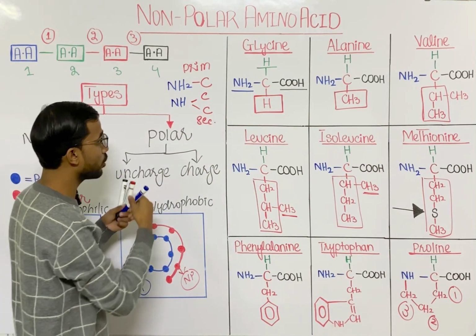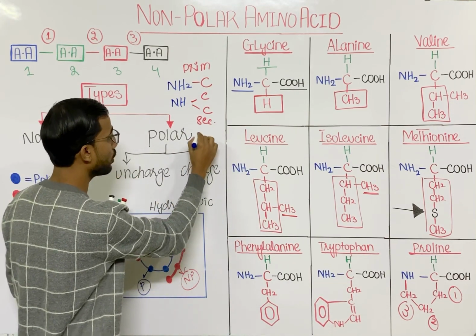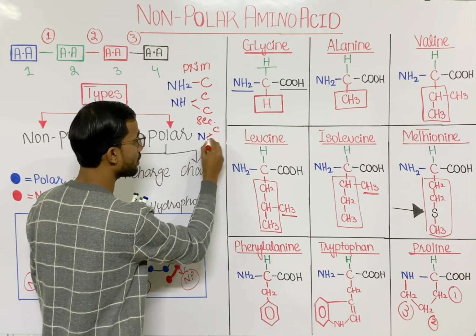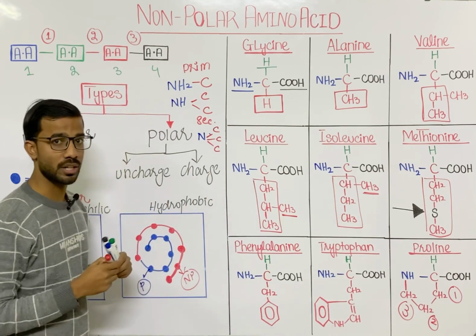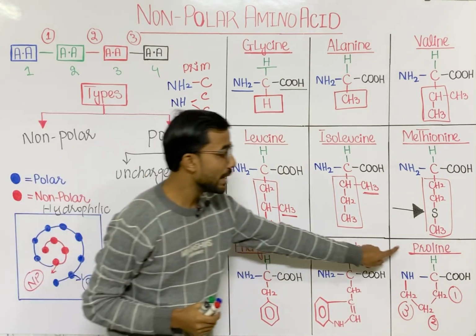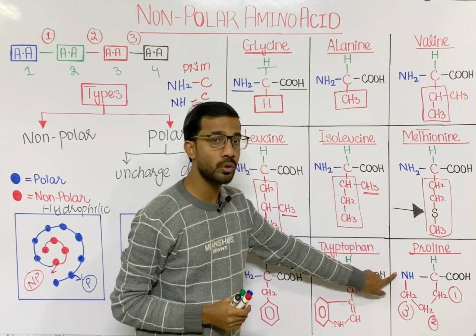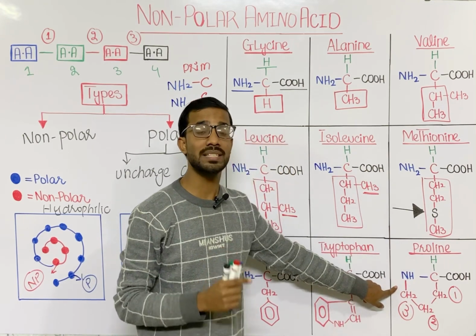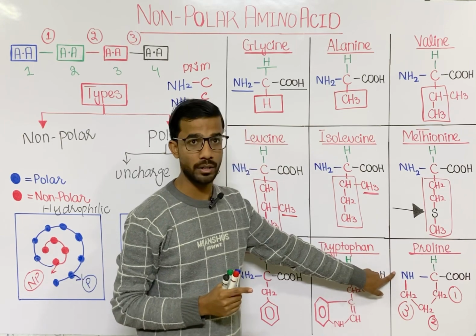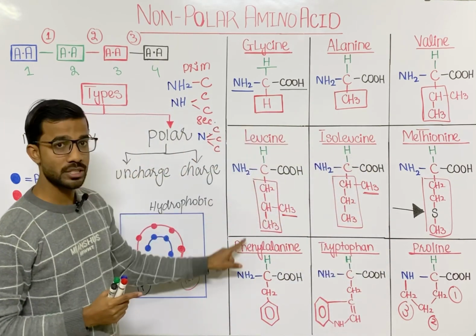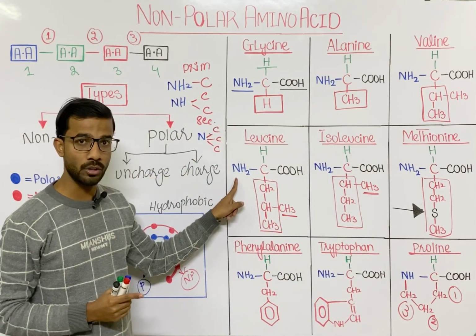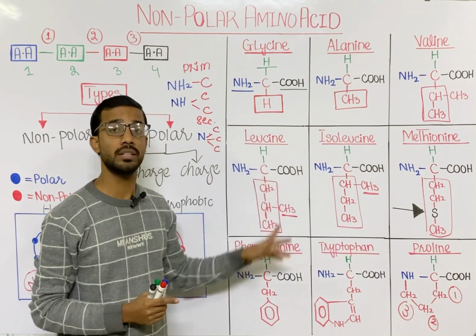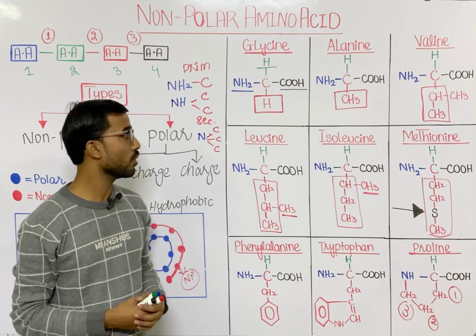And if the amino group is directly attached to three carbon atoms, then it will be tertiary. So in proline, the amino group is directly attached to two carbons. That is the secondary nature of the amino group. In all other cases, you will see the primary amino group. So that's the basic difference between proline and all the other non-polar amino acids.